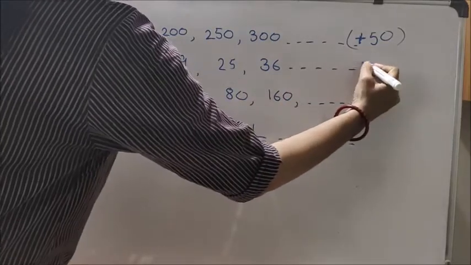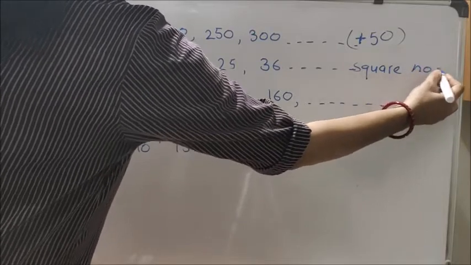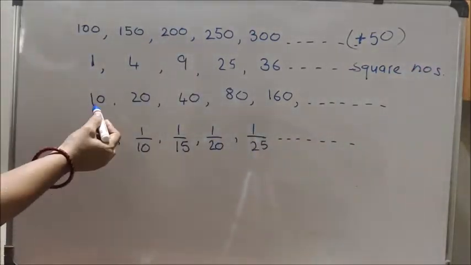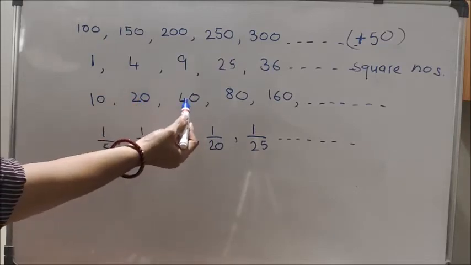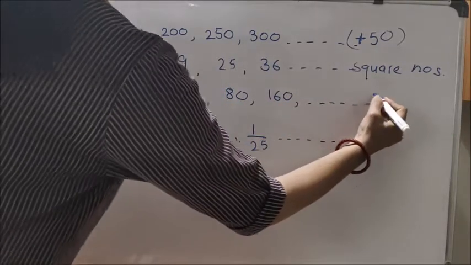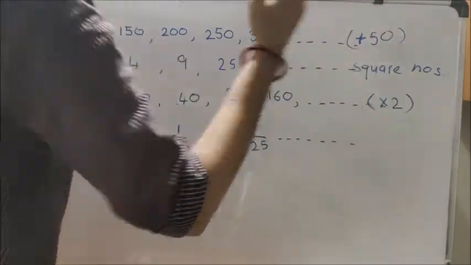Here, these are the square numbers. In the third one, 10 multiplied by 2 is 20, 20 multiplied by 2 is 40, 40 multiplied by 2 is 80. So in this case, every time 2 is multiplied.